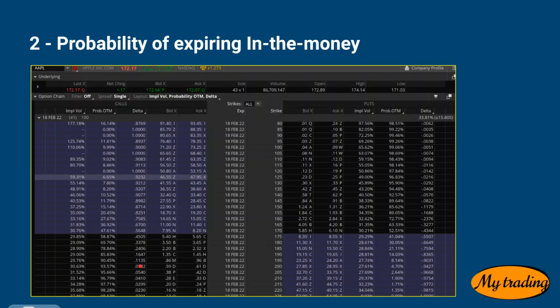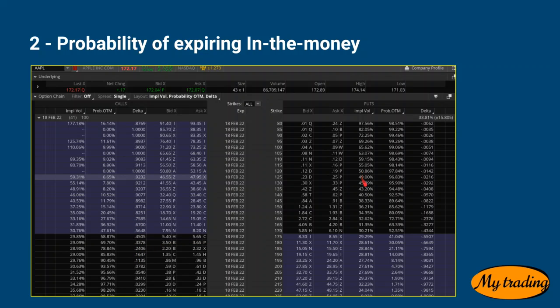Here's one out of the money. So this is an 11 delta. So we would say it has an 11% chance of expiring in the money. Well, it's close. This one says probability of expiring out of the money is 90%, which would be 10%. So you can see that it's not exact, but very close. And puts are the same thing.